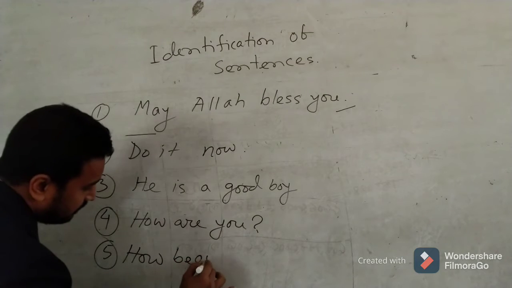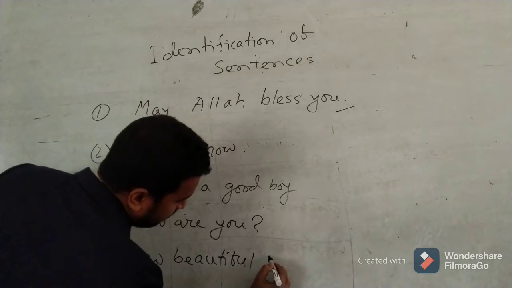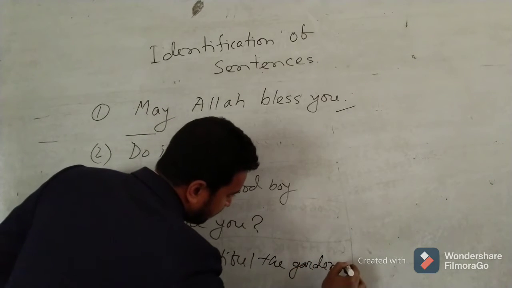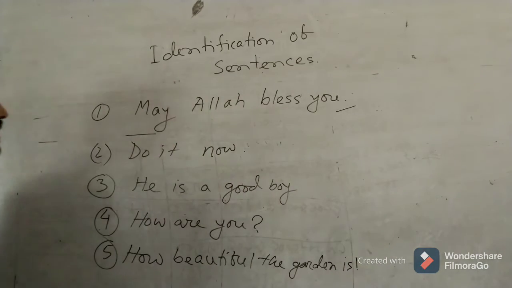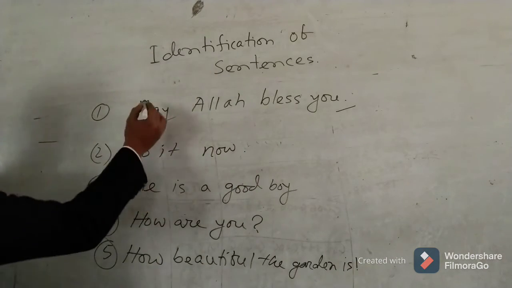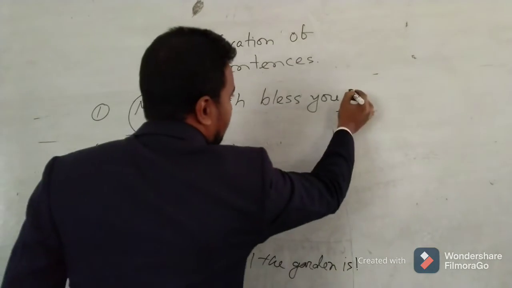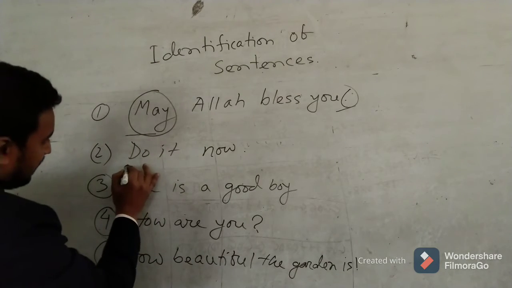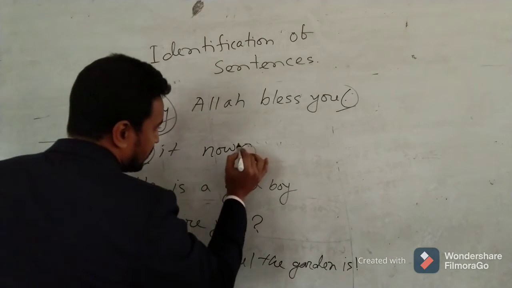How beautiful the garden is. First sentence, we get may at the beginning and at the end a full stop. Second sentence, we get a verb and a full stop.